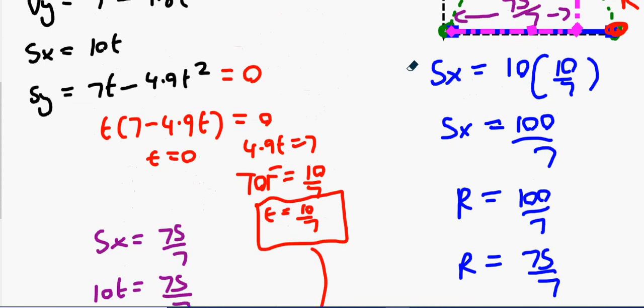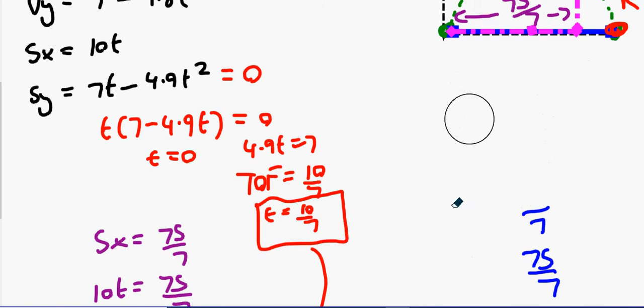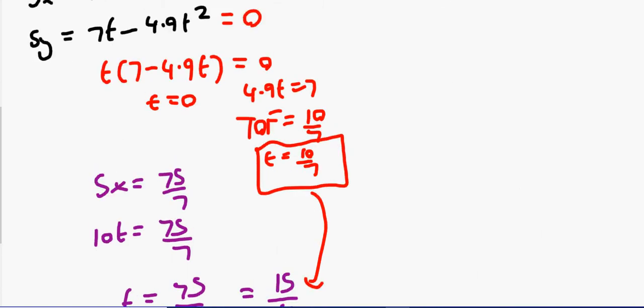Now, you need to find out Sy. So what are you going to do then? Put 15/14 into the Sy equation. And you're going to get 7 times 15/14 minus 4.9 times (15/14) squared.